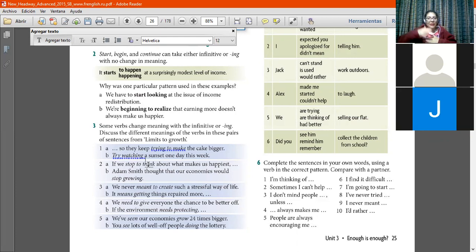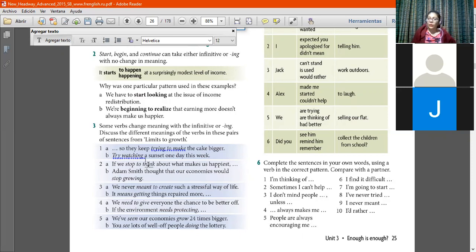Va aumentando. It's your experiment. You want to know more. So that is something that we have to connect here: try watching or trying to make. With the ing, it changes the sense, los sentidos, if it limits or not. Do you have any questions? Any problems?